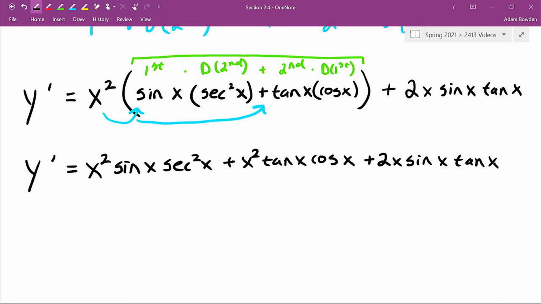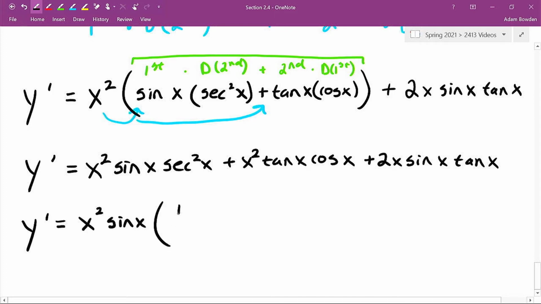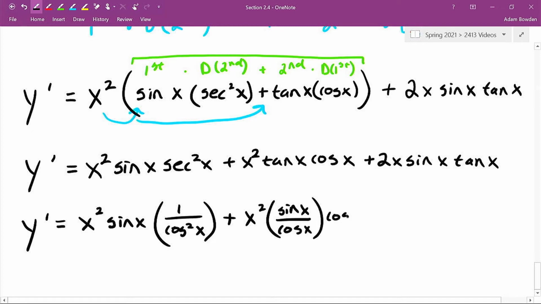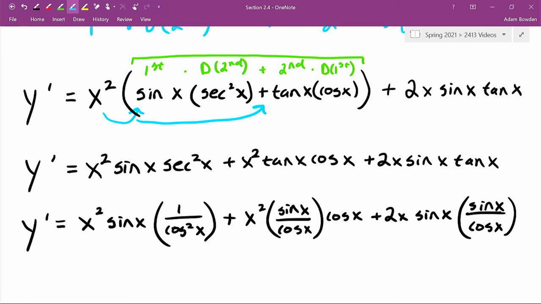Now, not a whole lot of simplifying we can do, but there are a few things that'll happen if we go through and rewrite everything in sines and cosines. So for the secant squared, we'll change that over into 1 over cosine squared x. And then we'll have sine x over cosine x for tangent. So that does allow us to reduce down one of these cosines here.